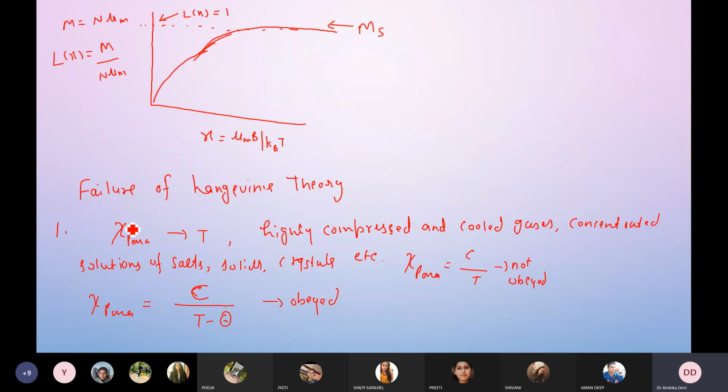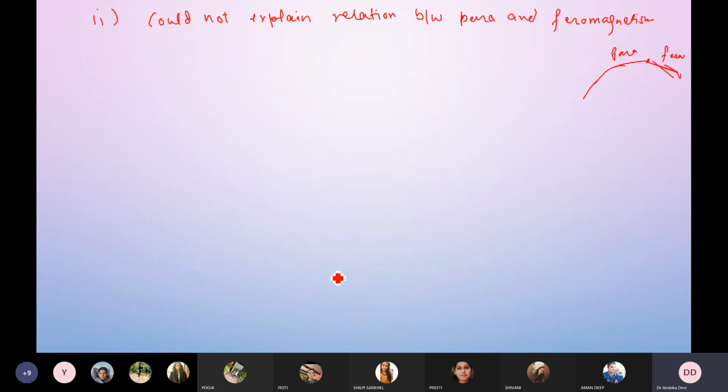First, the relationship χ equal to C upon T is not followed for many materials, like highly compressed and cooled gases, concentrated solutions of salts, solids, crystals, etc. In these types of materials, the other relation is obeyed instead of this relation, right? Second constraint is that it could not explain the relationship between para and ferromagnetism. Why at Curie temperature do ferromagnetic materials behave like paramagnetic materials? It was not explained by the Langevin theory of paramagnetism, right?